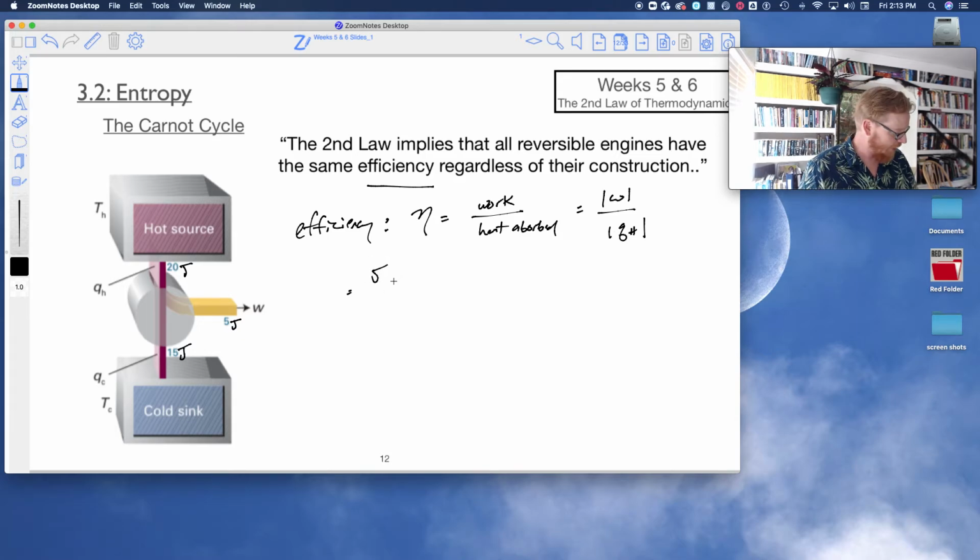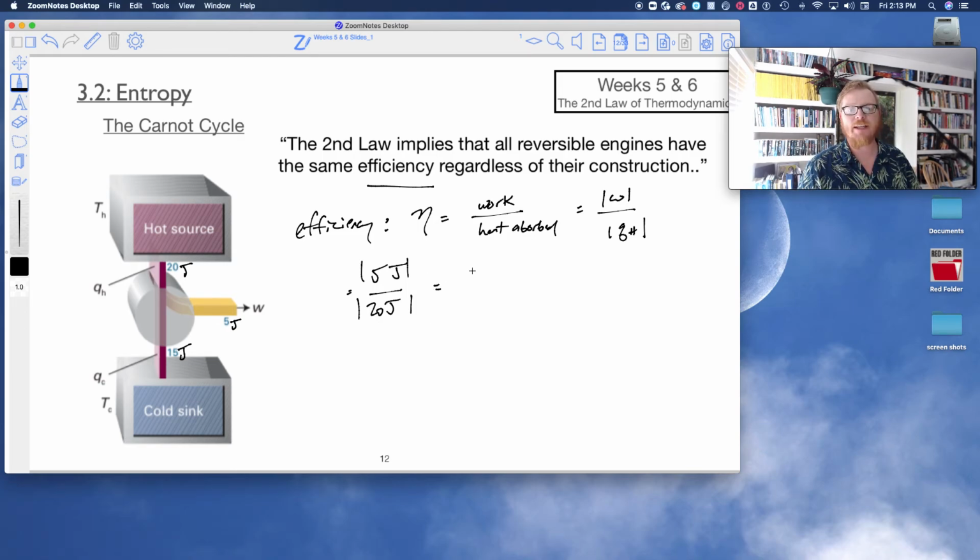So our efficiency is going to be 5 joules over the heat that we supplied from the hot source, which was 20 joules. And these are all in absolute values. We know that technically the heat will be positive and the work will be negative, but it's all about the absolute value.